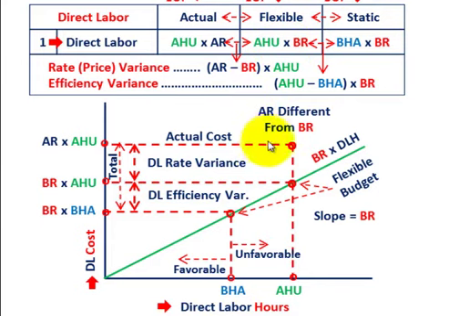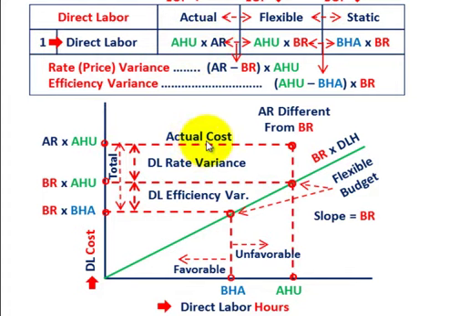The other amount we have is not on the line, because when we're looking at our actual results, our actual rate is different from our budgeted rate. So that's the actual cost, taking your actual rate times the actual hours used, and that's coming off our actual amount.